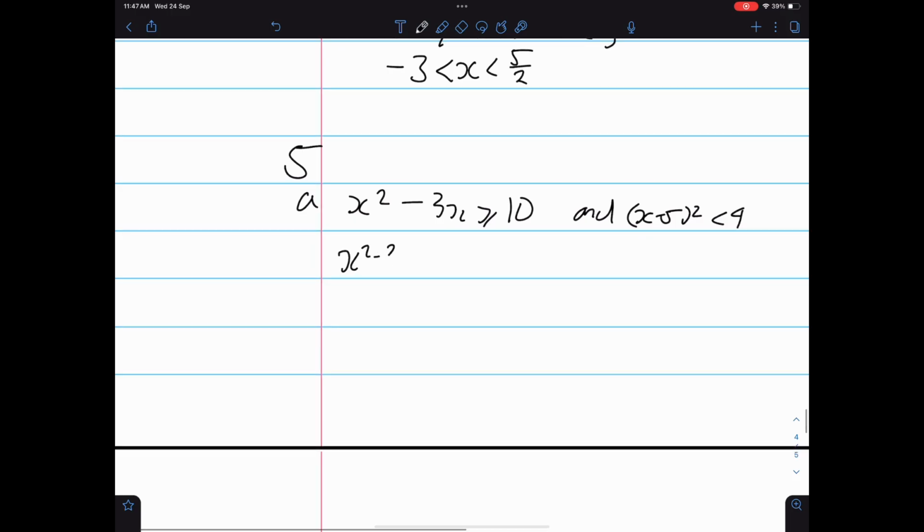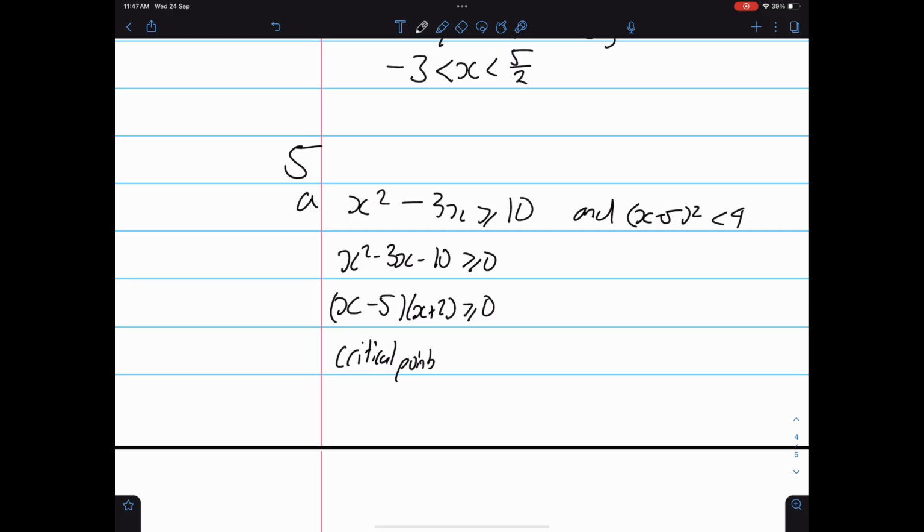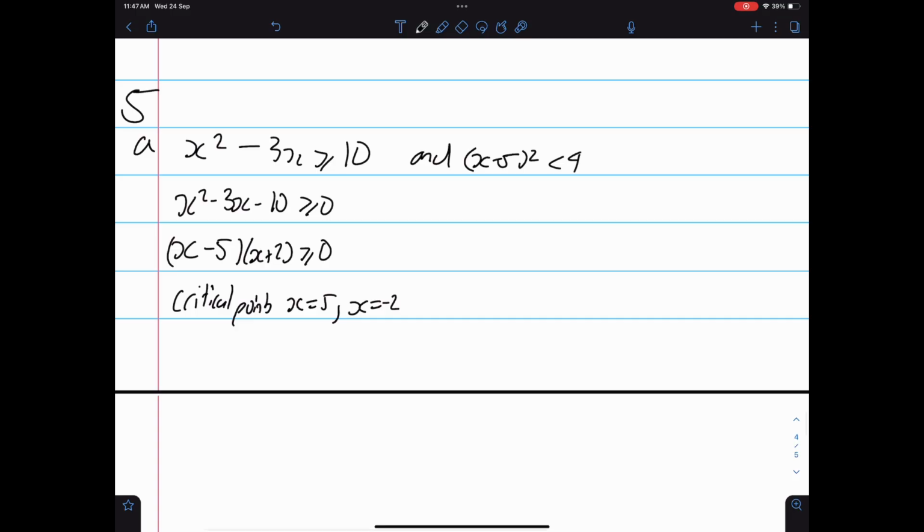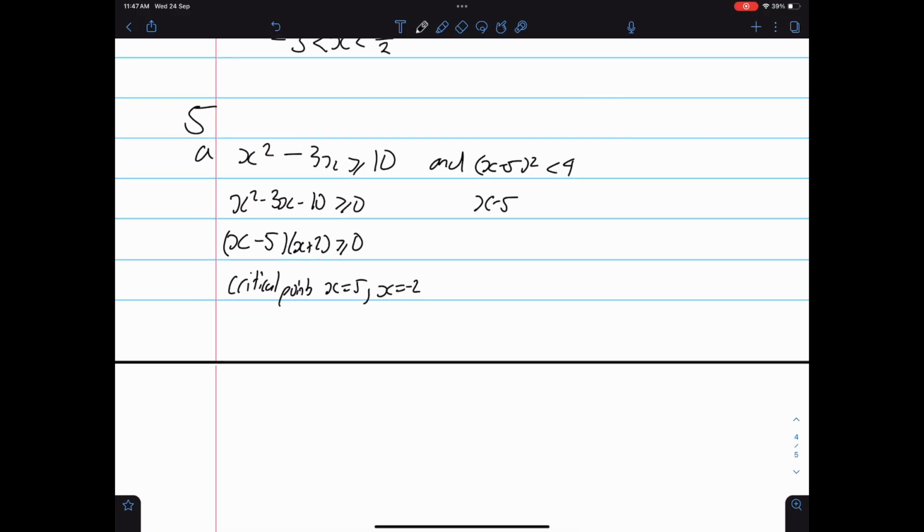So this one here, x is greater than or equal to 5, or x is less than or equal to negative 2.